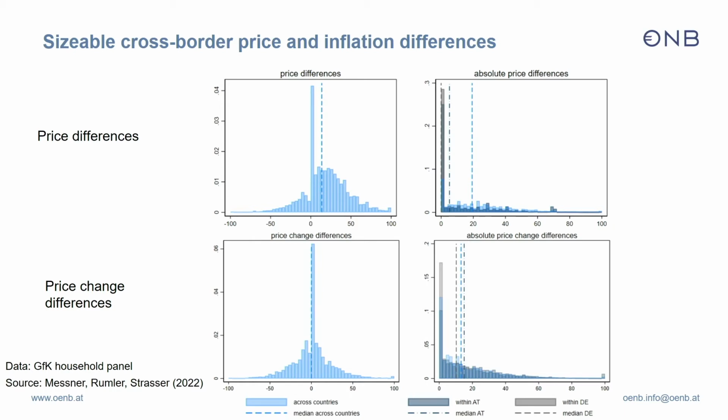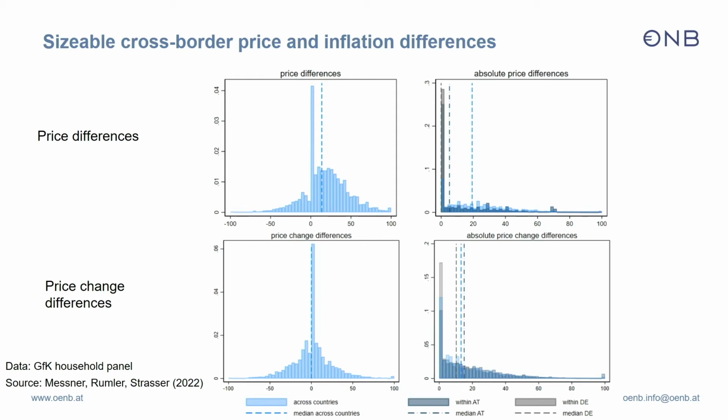This is Austrian prices minus German prices, so it already gives you an indication that prices on average in Austria are higher than in Germany for those fast-moving consumer goods. And they are also more diverse across the border than if you look at the right panel and include the within-Austria and within-Germany price differences, then they are much more aligned to the zero line.